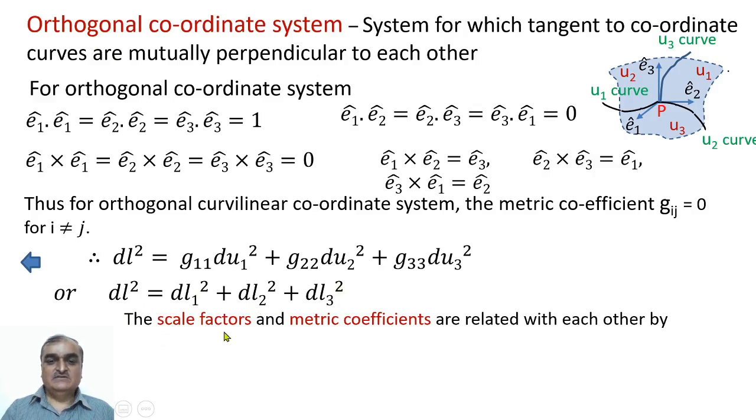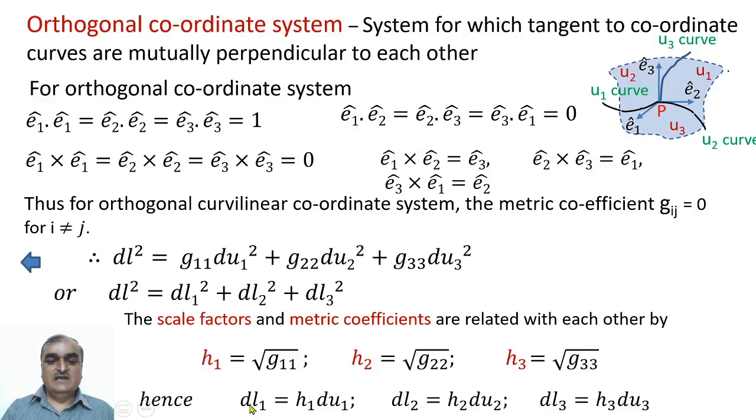The scale factors and metric coefficients are related with each other. The scale factors h1, h2, h3 and the metric coefficients g11, g22, g33 are related by this equation. h1 is equal to square root of g11, h2 is equal to square root of g22 and h3 is equal to square root of g33.